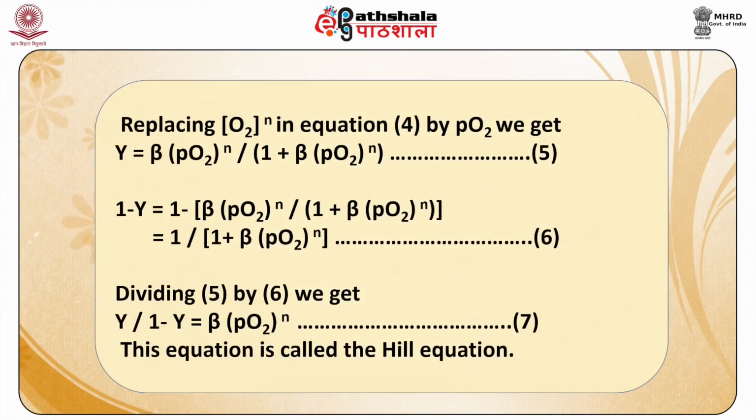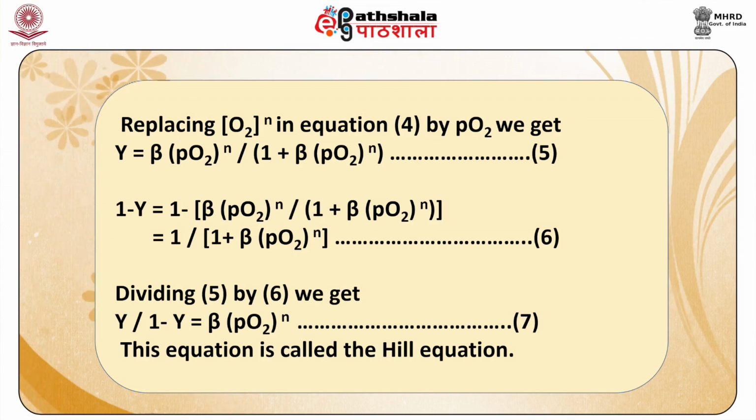Replacing the concentration of oxygen by PO2, we get Y = beta PO2^n / (1 + beta PO2^n). And therefore, 1 - Y = 1 / (1 + beta PO2^n).